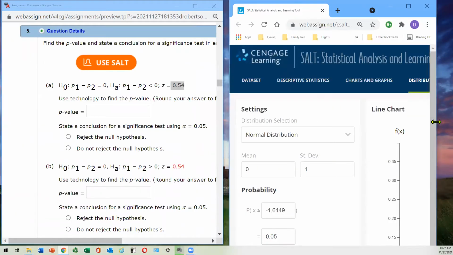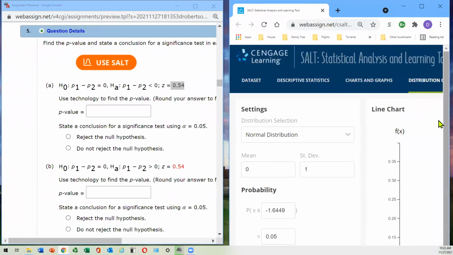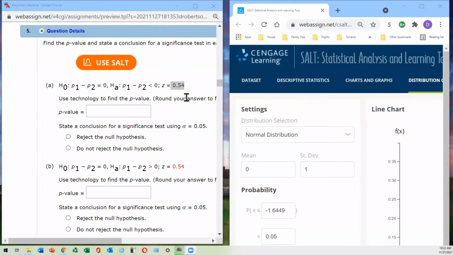There we go, and then I'll go in and out to make sure you can see it. So we're going to use salt to find the p-value.